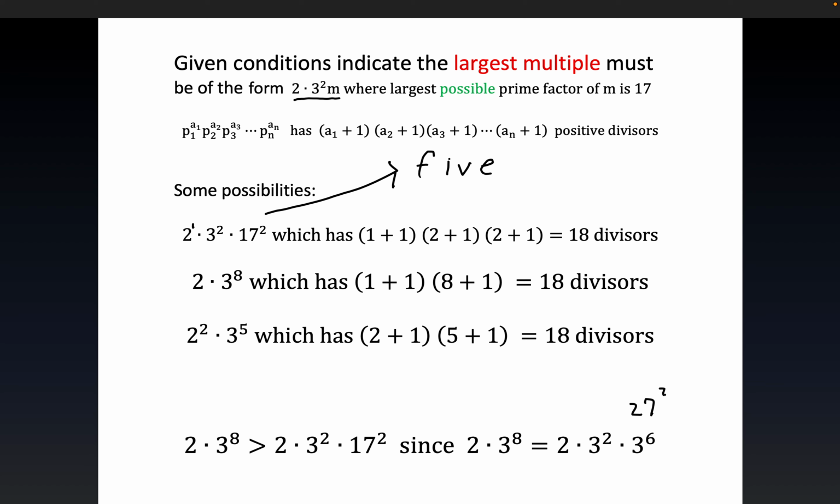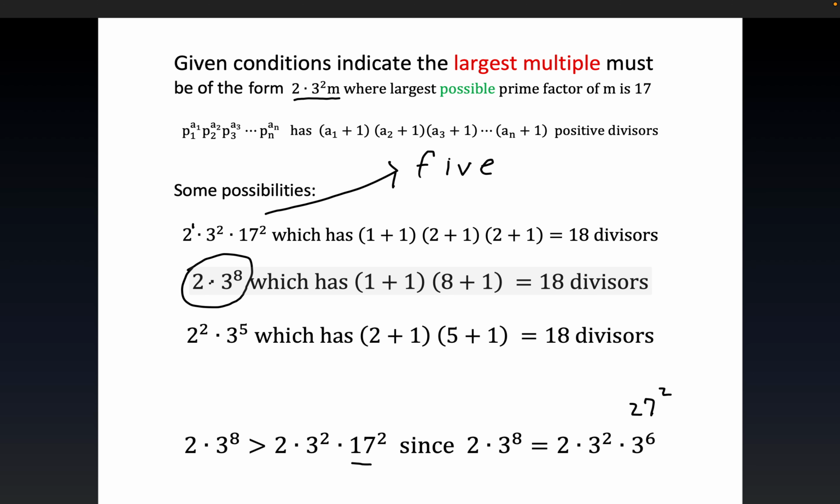This is a nice way to do things without even knowing any idea what 3 to the 8th is. I love this. This is pure appealing to the results of just exponentials without having to do calculations. But you see, here's your 17 squared, and 27 squared is bigger, right? So that settles it. This is our champion here.